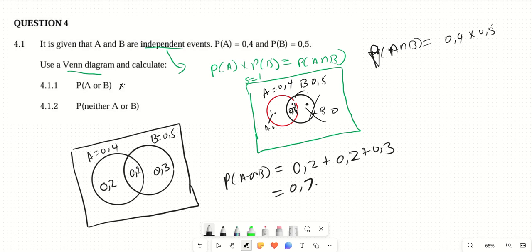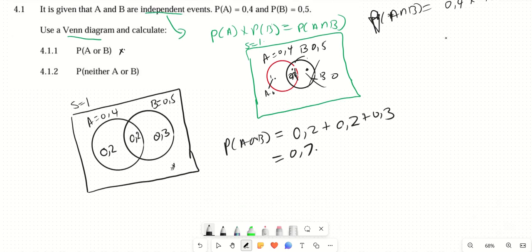That is 0.7. Now the probability of neither A nor B, not in A or B, which is outside here. This is the complement of A or B, not in A or in B. If they are complement events, remember they make up the entire sample. So the entire sample is made up of whether you are in A or B, or not in A or B. If you're not in A or B, you are outside here.